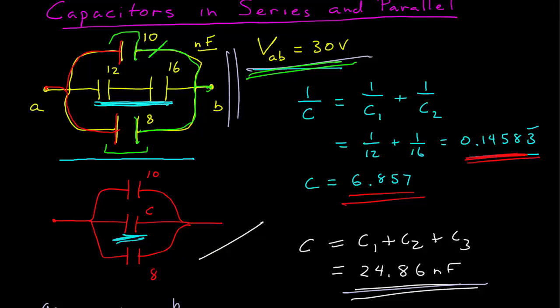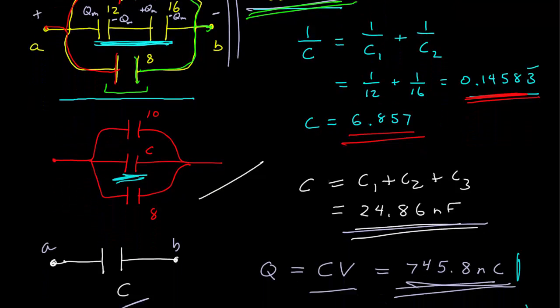If we call this A positive and B negative, there's plus QM on one side of the capacitor, minus QM on this side, plus QM on this side, and minus QM on this side. And so the amount of charge stored in the capacitor is this amount QM, and it's on each side of the capacitor.